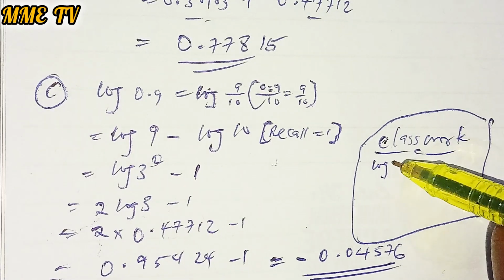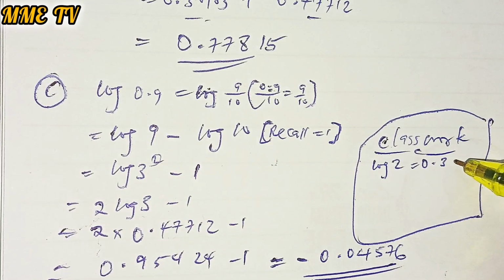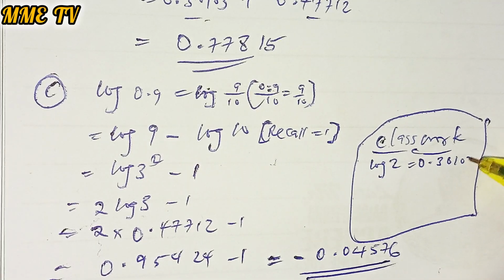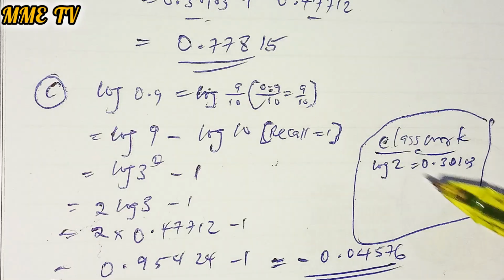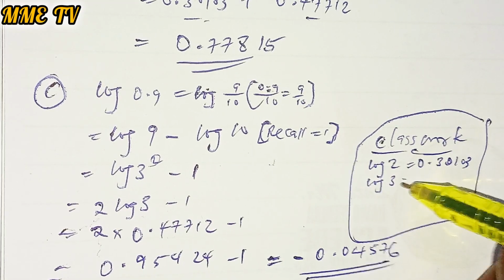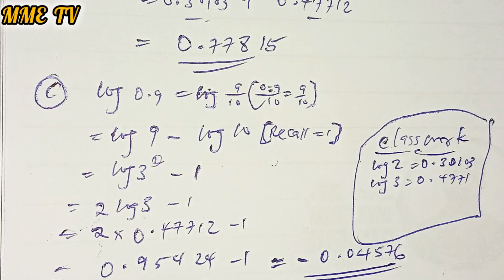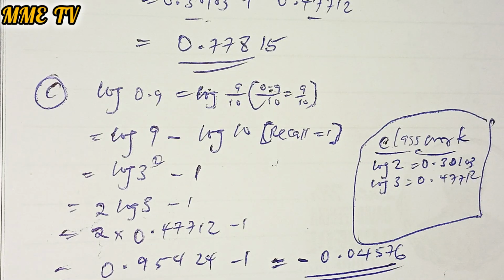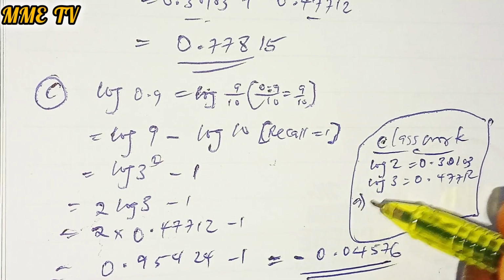Log 2 is equal to 0.30103. Remember what we used earlier. And we are told again that log 3 is equal to 0.47712. Remember, these are the two values which we used initially, and these are the ones which you're going to do for me.